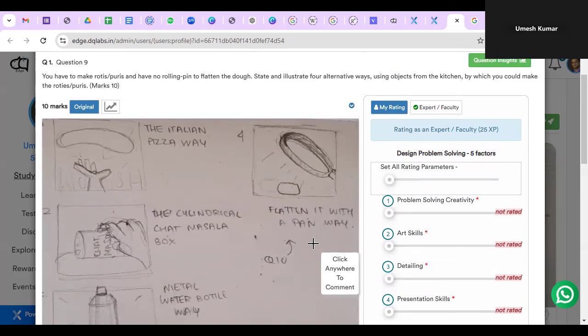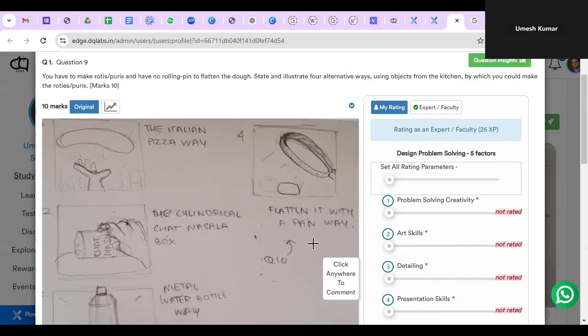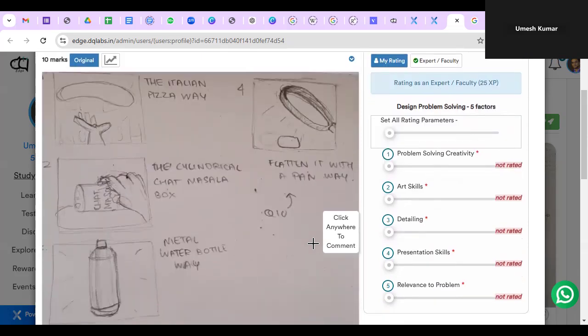Flatten it with the pan way. Okay, but I kind of like these ideas. This is good.